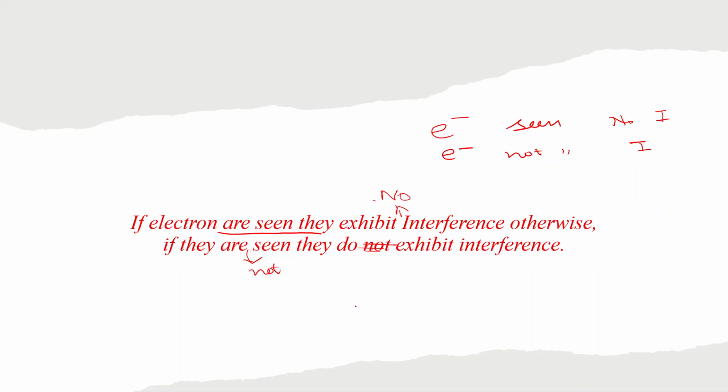Okay, so I think this is correct. So if electrons are seen, they exhibit no interference, and if they are not seen, they do exhibit interference.